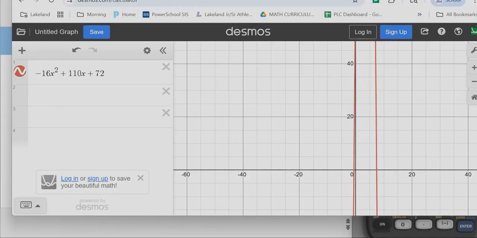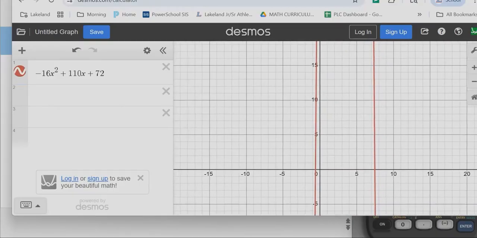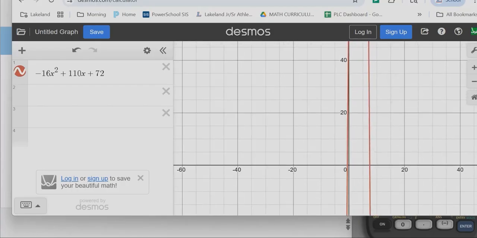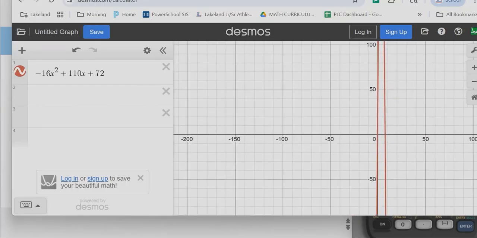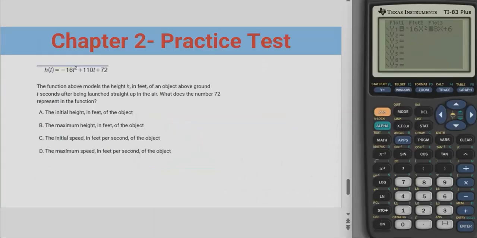If I hit home, that just puts me back there. So I can pinch and squeeze in different directions, stretch. I don't want to stretch this x-axis anymore, but I can see here that 0, 72. Well, what does that mean? So after 0 seconds, my object is already 72 feet above the ground. Right? So that tells me that I have that initial value of 72 feet. So that would be answer choice A.